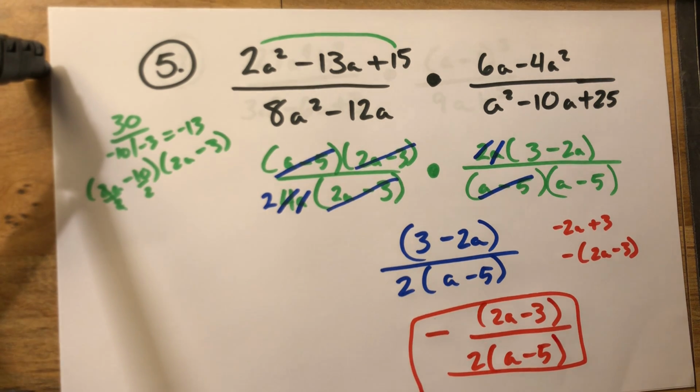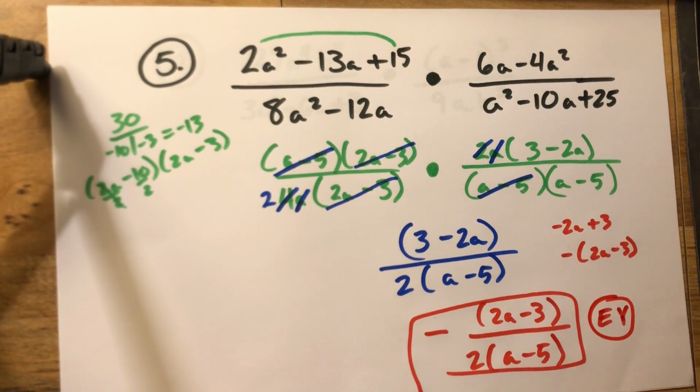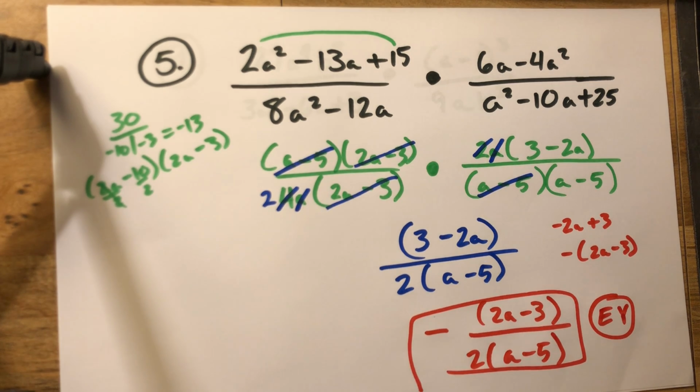That looks pretty good. My box is quite a bit off there. That's going to match up with EY on your assignment. So 2a minus 3 all over 2 times the quantity a minus 5. And it is negative there. So I want to make sure we got that one done together.